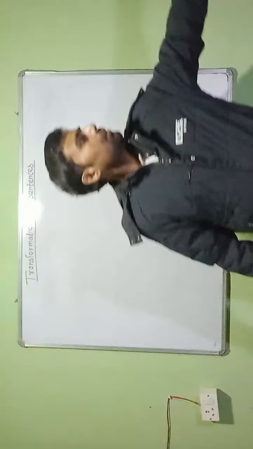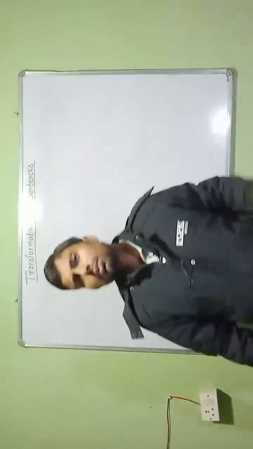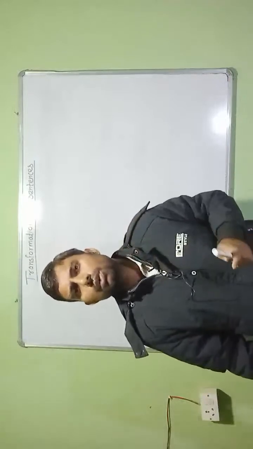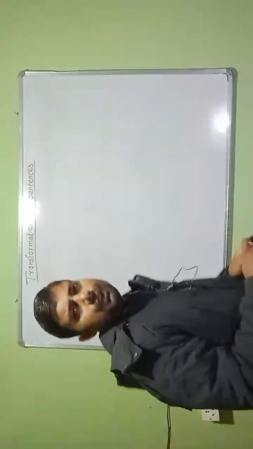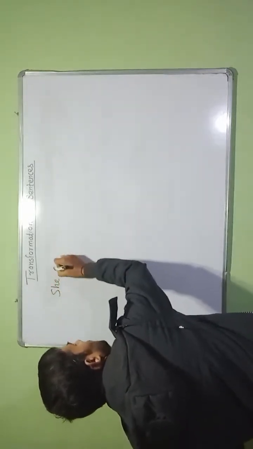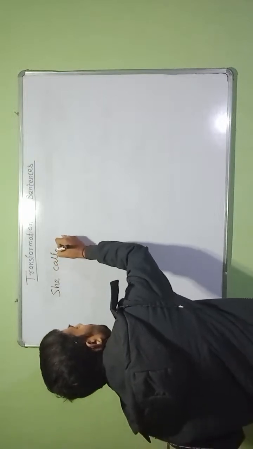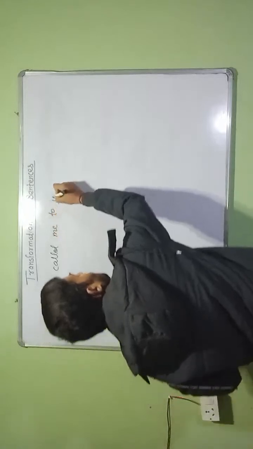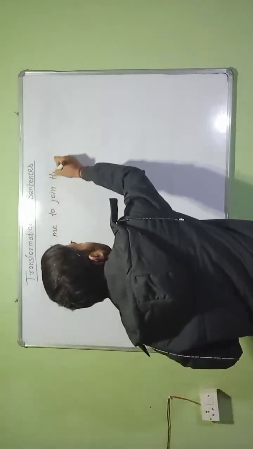If you observe a phrase and a clause, both of these are basically groups of words. What is a phrase? It is a group of words. Let's see, for example, she called me to join them.